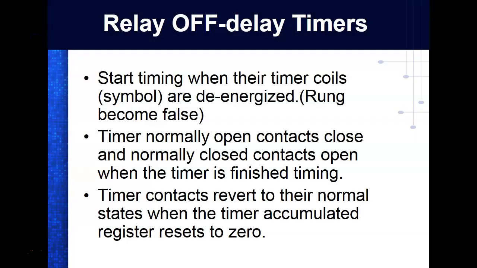So an off delay timer starts timing when its timing coil is de-energized or the run becomes false. Timer's normally open contacts change and normally closed contacts open when the timer finishes timing. Timer contacts revert to their normal state when the timer accumulator resets to 0.